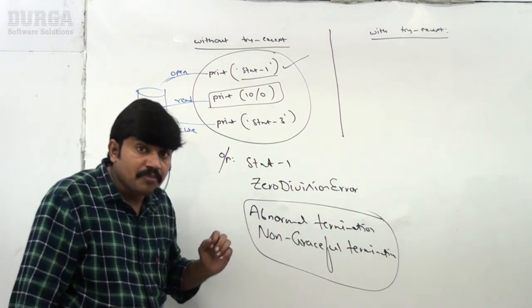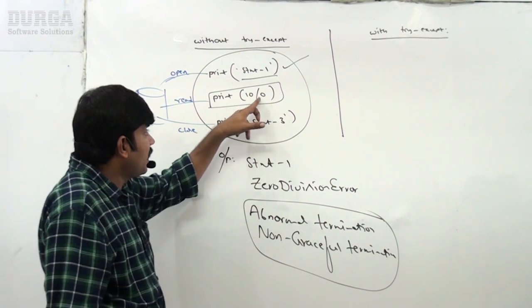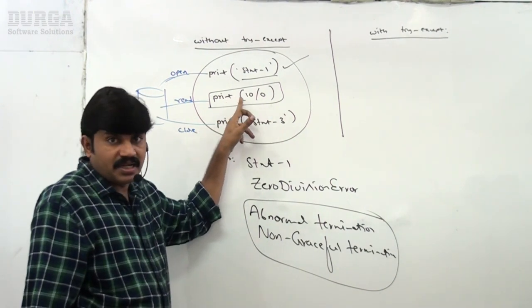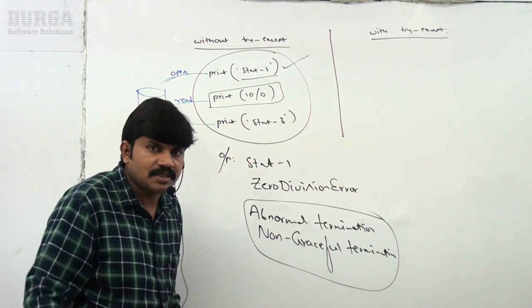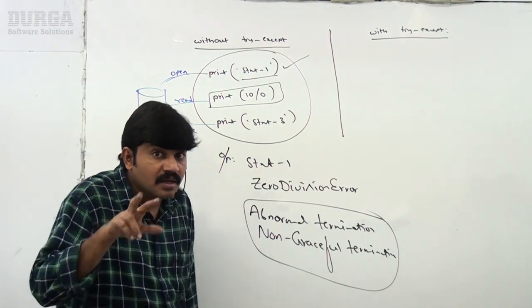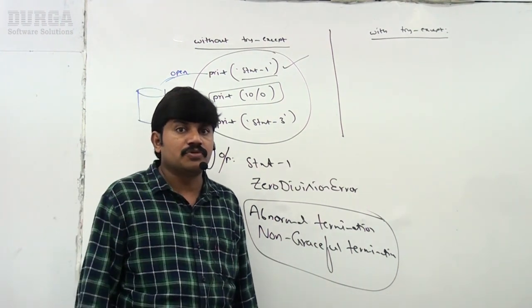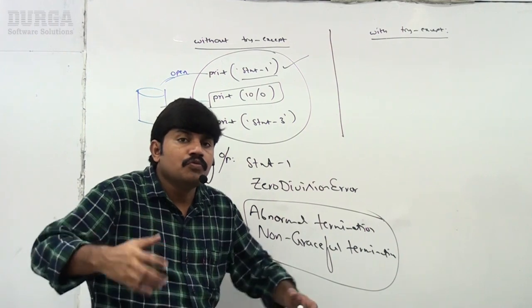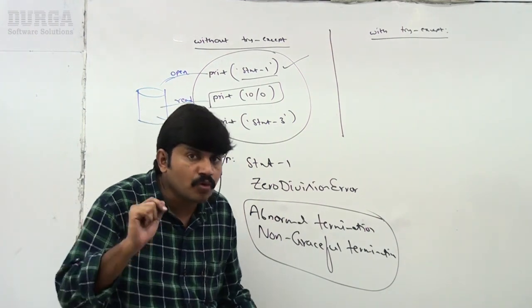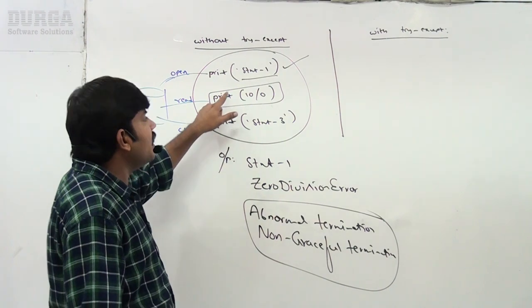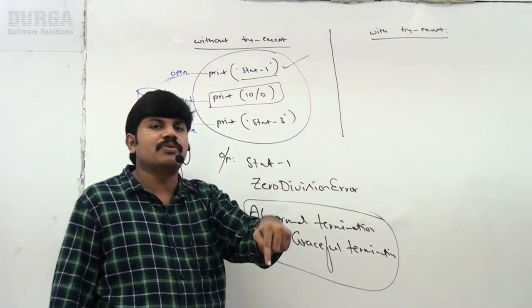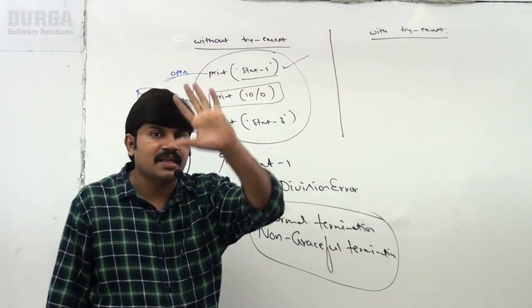Which line may raise an exception? Yes, the second line may raise an exception. The code which may raise an exception is called risky code. Remember this one. Risky code we have to take inside the try block.